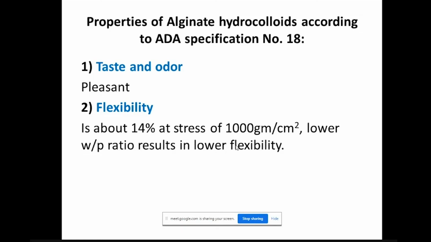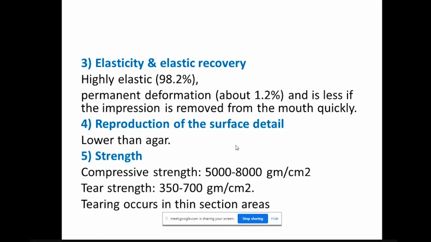The flexibility is about 14 percent at a stress of 1000 gram per square centimeter. Decreasing the water powder ratio usually decreases the flexibility. Elasticity and elastic recovery of alginate: it's highly elastic. The change will be about 1.2 percent. It is acceptable for impression.